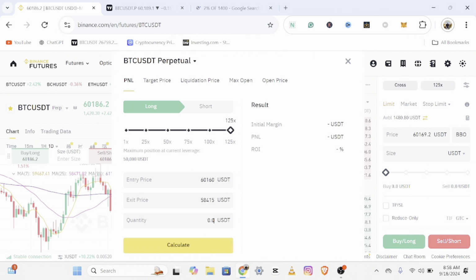Then we can click on OK section. Let's use an amount of 28 USD. Then I'll just click on OK.